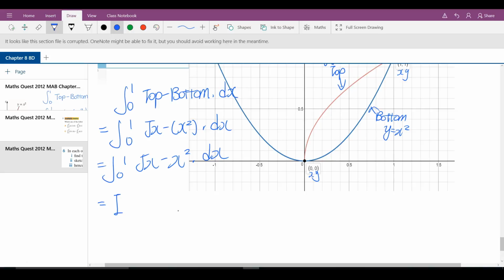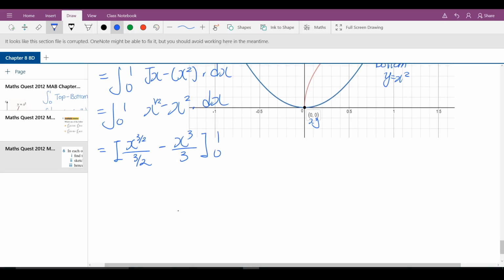Now root x, remember, it is the same as x to the power of half. All right, so x to the power of half, you add 1 to that, it becomes 3 over 2 divided by 3 over 2, minus x cubed over 3, from 0 to 1. All right, we can tidy things up a bit.